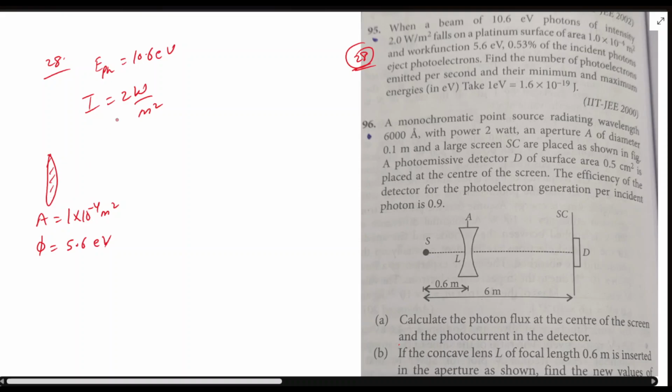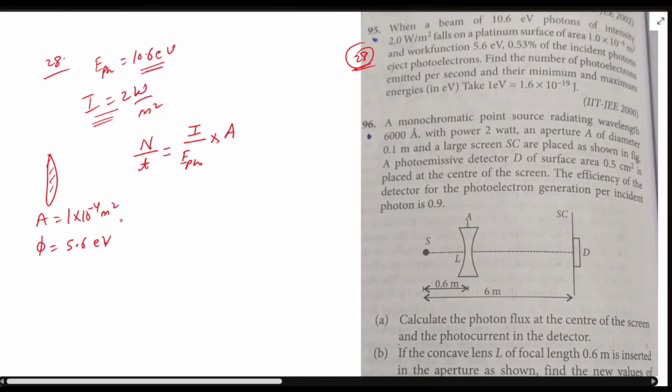We have the photon energy and the intensity, so the number of photons per second will be intensity divided by the energy of each photon, into the area.